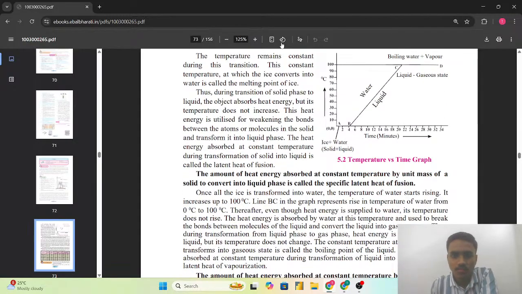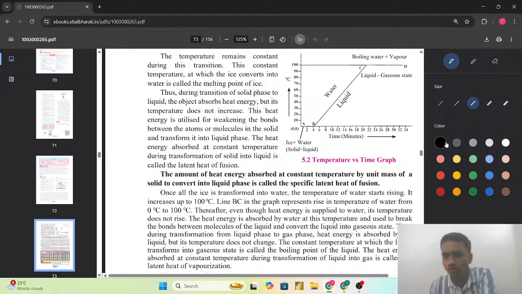As we can see here, the temperature remains constant from A to B, as in this part there is ice, till point B, that is the 4 minute.